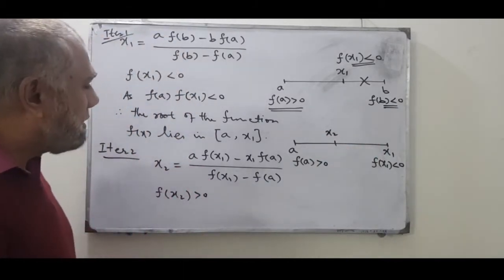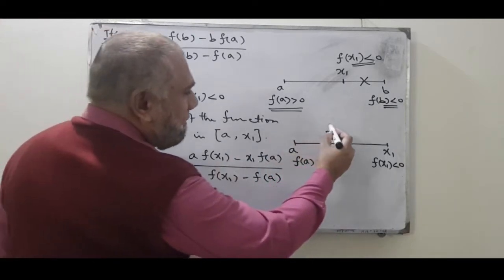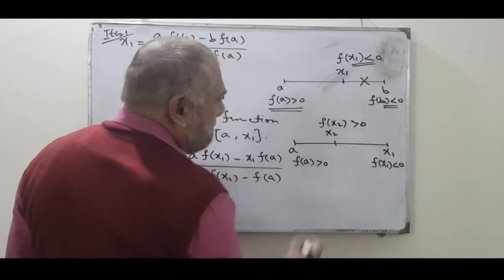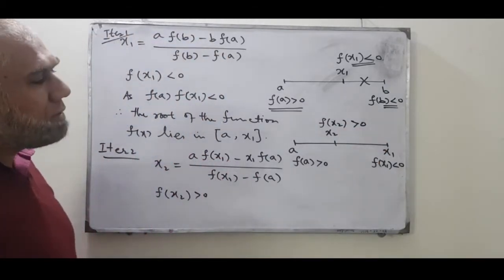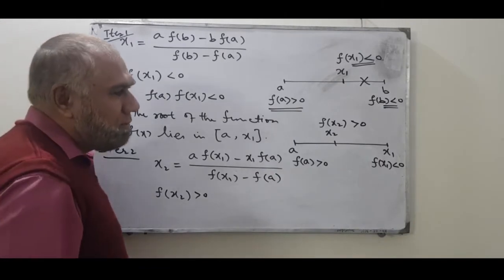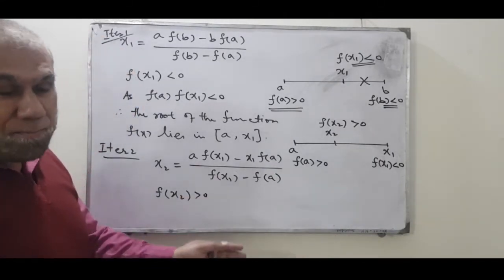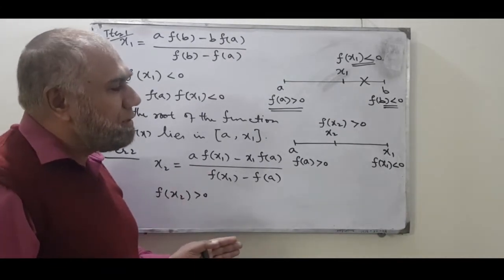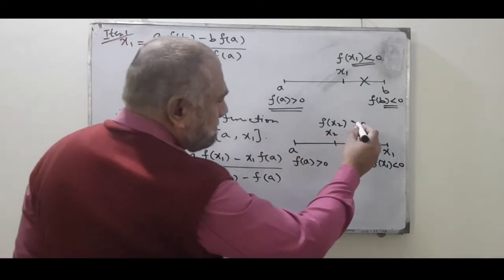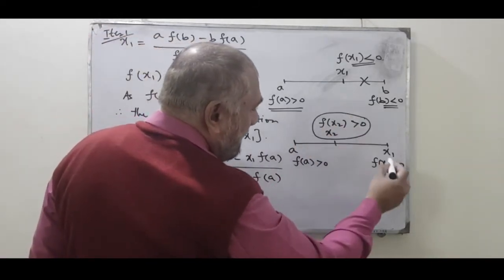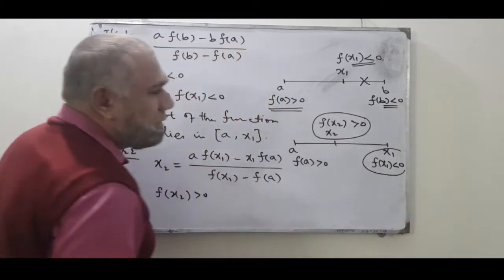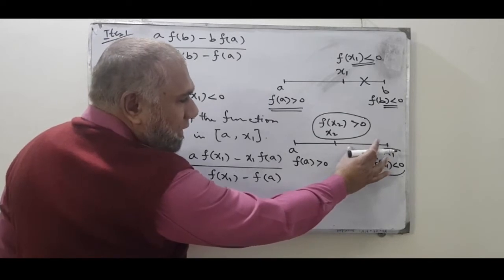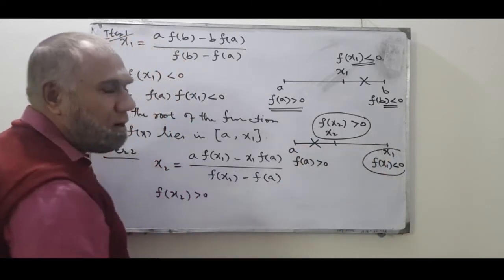You can see here the function's value f of x2 is this time positive, and now we have to decide which part of the domain we have to keep and which we have to discard. This will be done on the same principle: we check the two endpoints where the function has opposite signs. So it is quite obvious that at x2 and at x1, the function has opposite signs. So this will be the new domain for your next iteration, and this other part will now be discarded.